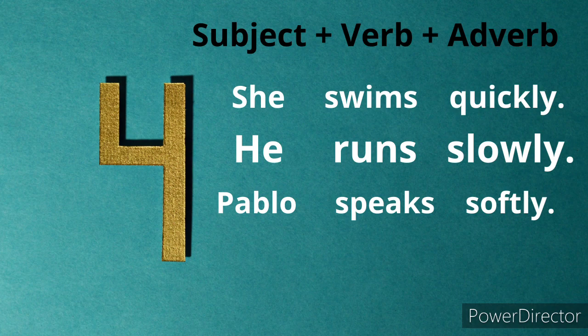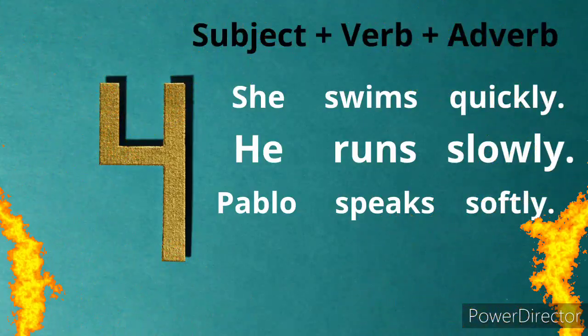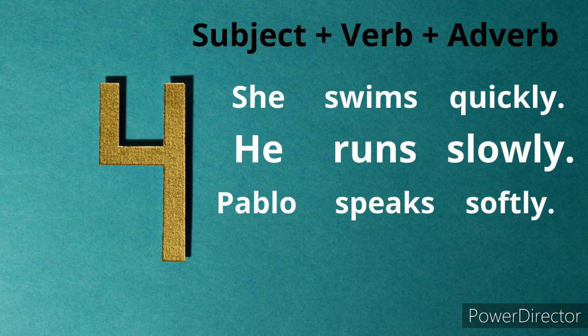Adverb is describing the verb runs slowly. Let's have a look at one more sentence, that is Pablo speaks softly. So here softly is describing the verb. Adverbs tell or describe something about verb.